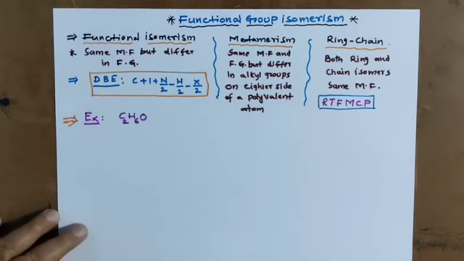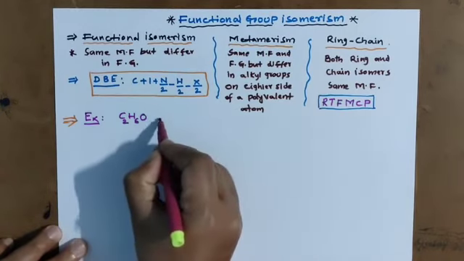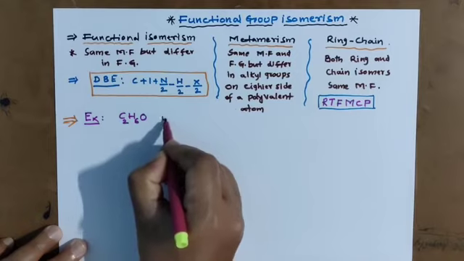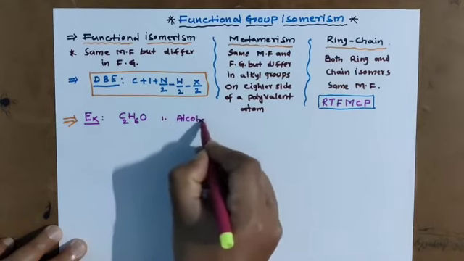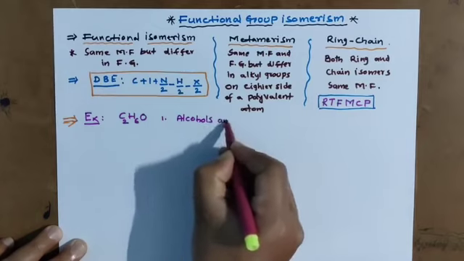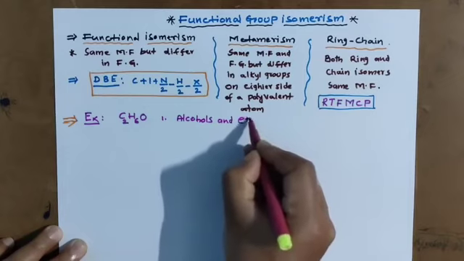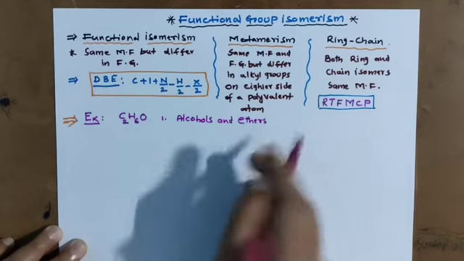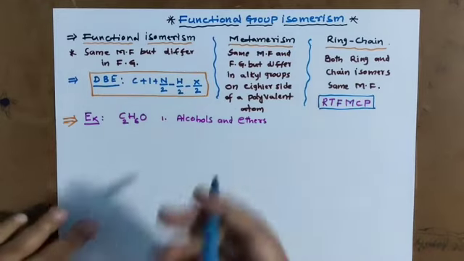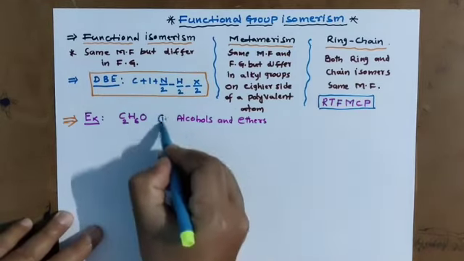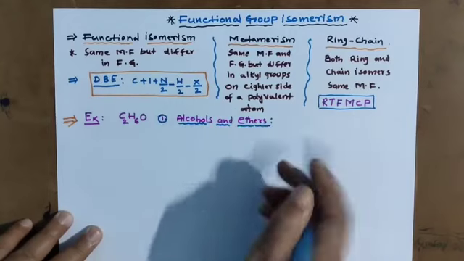Generally, functional group isomers can be exhibited by particular compounds only, for example alcohols and ethers. Alcohols and ethers exhibit functional group isomerism.